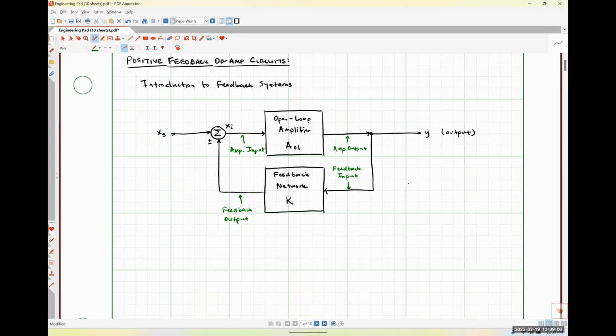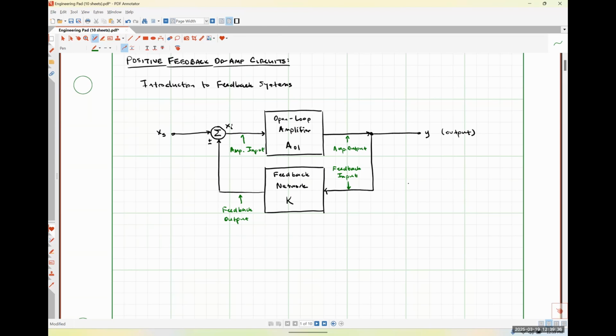And that amplifier input is different than the input signal that we are applying to the system as a whole. Okay. So X sub S is the input that we are applying to the system as a whole. Y is the output we're taking for the system as a whole. And we're going to try to sort out what the relationship between all of these things are.